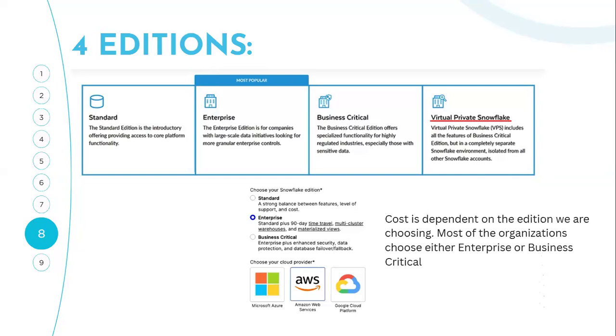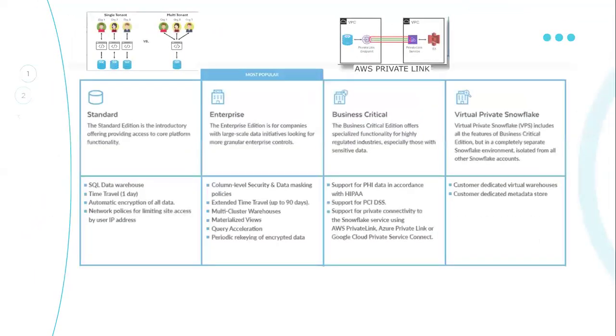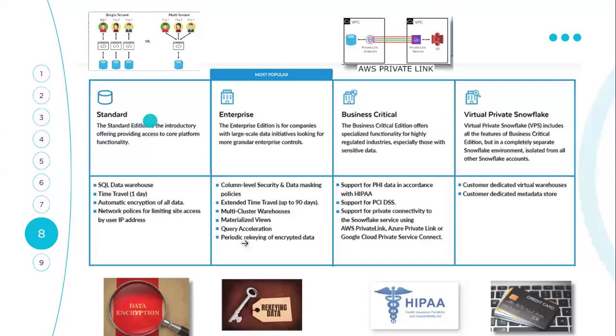Most companies will use this enterprise edition. It has everything. You can see here, in the standard edition you can create a data warehouse, but there is no time travel, no encryption, no network policies.